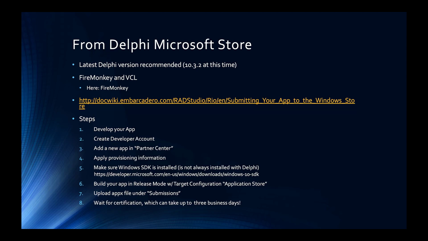So this should be your starting point if you can't figure it out yourself. All right, step 1, of course, develop your app. You need to develop an app, and there is nothing really special that needs to be taken care of. You can just go ahead and develop your Windows application.